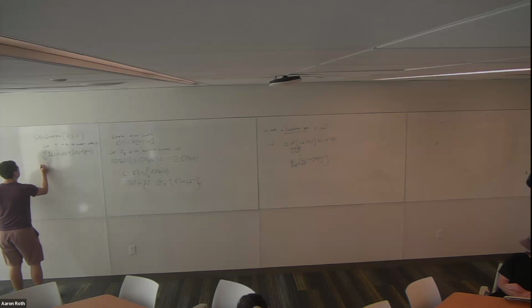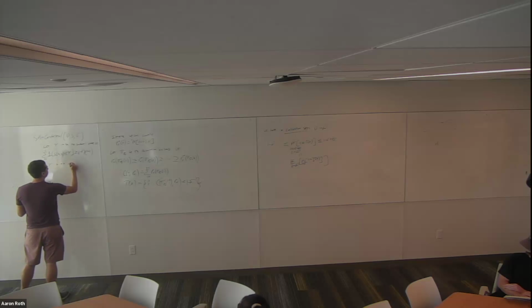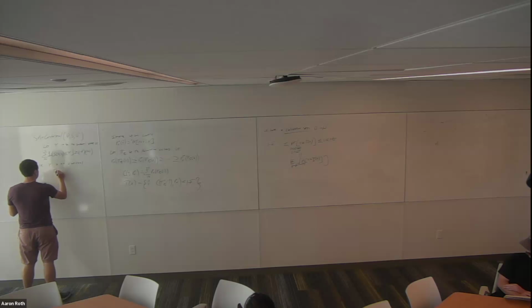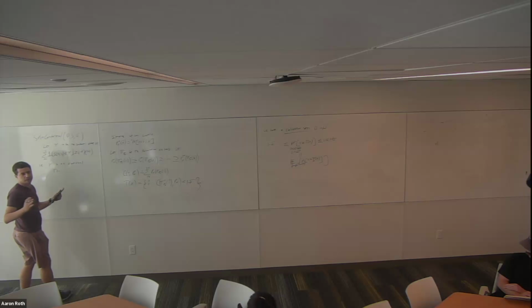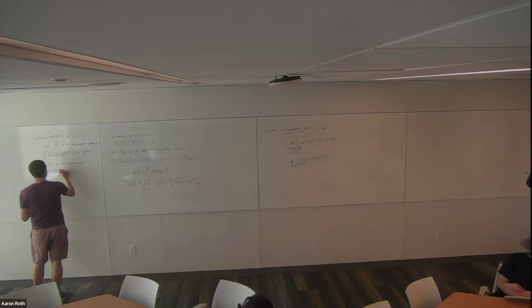That's saying that tau is an empirical quantile of the non-conformity scores in the calibration set. What quantile? 1 minus delta times n plus 1.